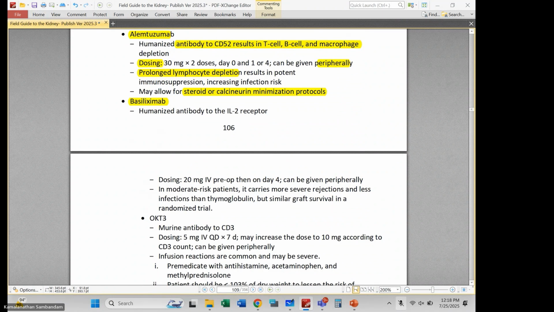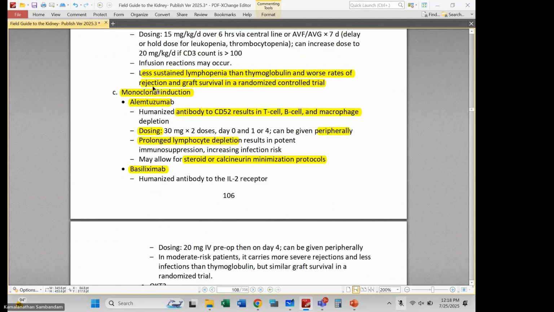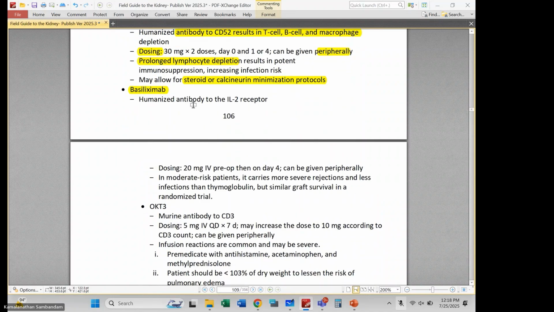Basiliximab is a monoclonal antibody. It's non-lymphocyte depleting. It's blocking the IL-2 receptor. Okay, and therefore blocks the pathway for expansion of my T cell population, which is often driven by IL-2.